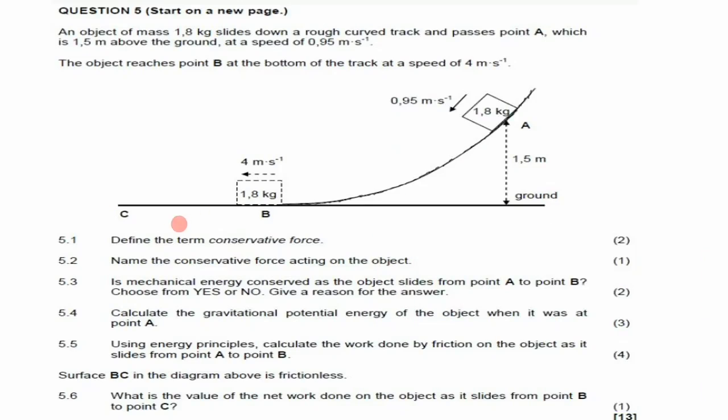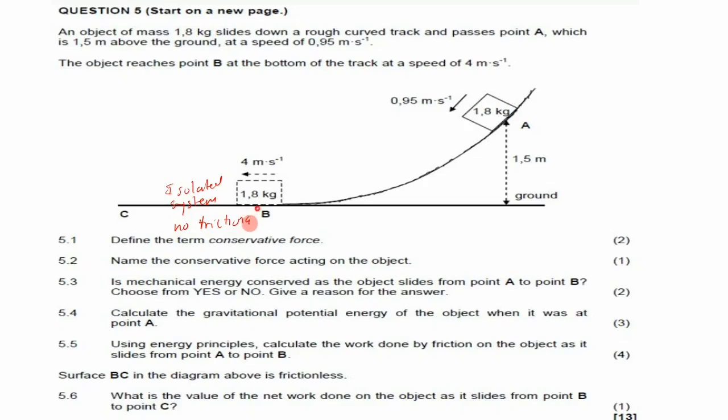Then okay, they say surface BC in the diagram above is frictionless. 5.6 says what is the value of the net work done on an object as it slides from point B to point C. So now we are told that it is frictionless. That means that BC is now an isolated system. So from point B to C, there are no frictional forces here.